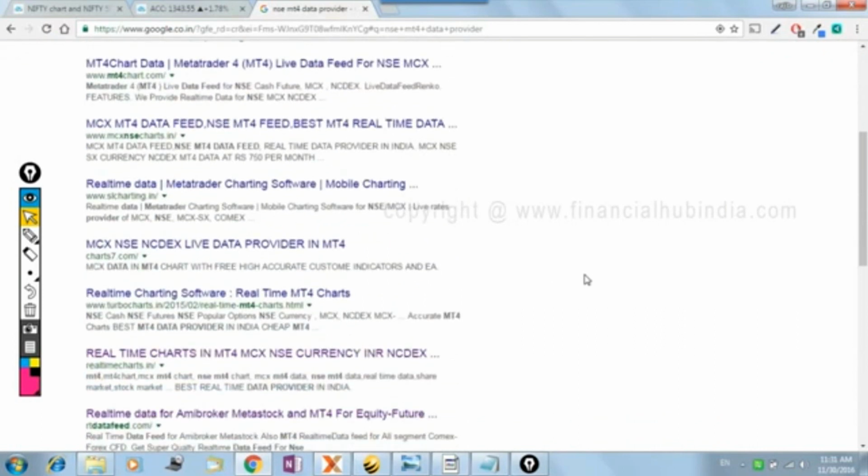They provide you data for the Indian stock market, futures, and the commodities market, as well as the currency market.